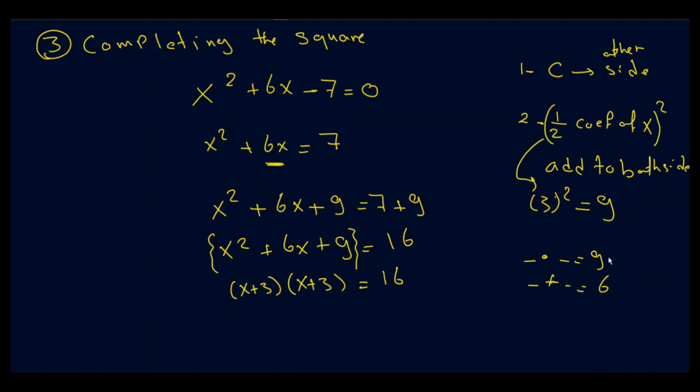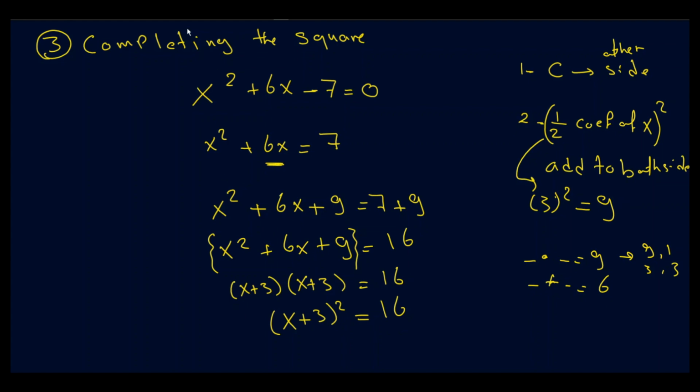What are the factors for 9? 9 and 1 or 3 and 3. Their addition is 6. Since all the signs are positive, we don't have to go through the sign thing. So next over here we can write this as x plus 3 squared, we have the repeated bracket, is equal to 16.